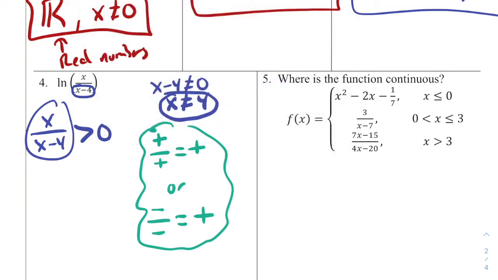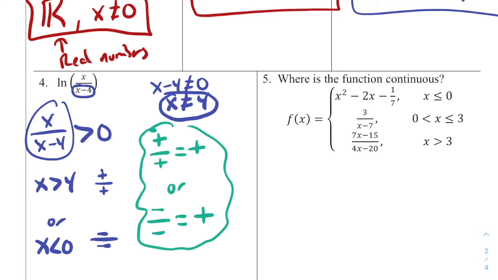Well, in our first case where they're both positive, anything where x is greater than 4 would make that denominator and that numerator both positive. That would be positive over positive. Alternatively, we could make the numerator negative, and if the numerator is negative, any x value that's negative in the numerator would also be negative for the denominator. So in that case, anything that's less than 0 would give us a negative over a negative, which would cancel and give us a positive.